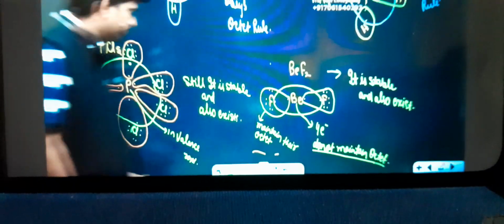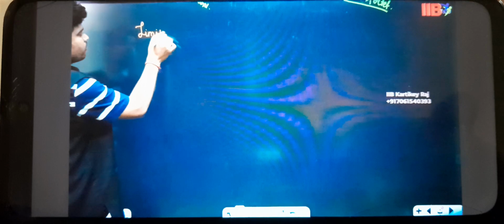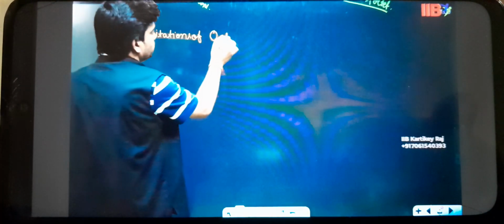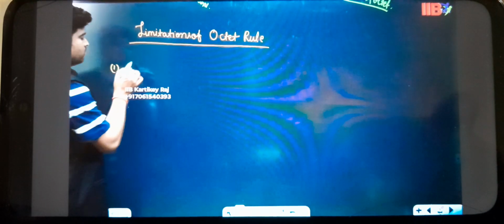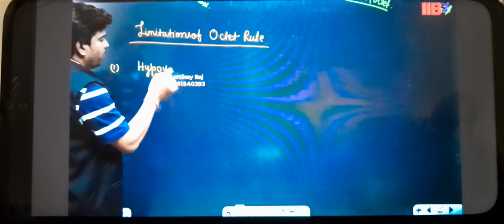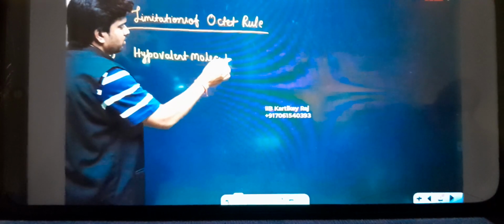Now see, now coming to the limitations of the octet rule. The first part is the hypovalent molecule, which is the first exception.